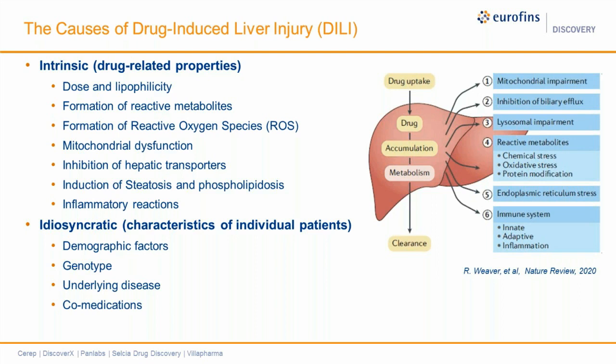Idiosyncratic DILI reactions are related to the characteristics of individual patients, including demographic factors such as age, gender, and race, genotype, underlying disease, and co-medications. Idiosyncratic DILI is considered dose-independent.